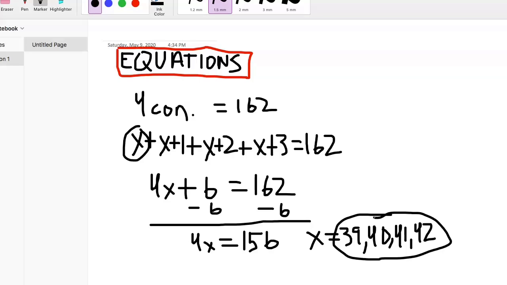Now, if you wanted my honest opinion on how I would go about solving it, assuming that I was given multiple choice, which you will be, I would just look at the answer choices. You're going to have 4 answer choices, and I would just add them up and see which one added up to 162, and make sure that they were consecutive integers, so it wasn't spread out some way.